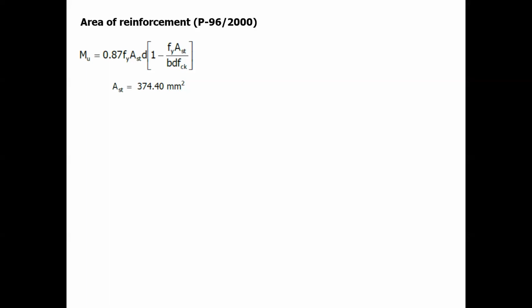For mild steel, the 250 grade. When it is 250, you use 0.15. Here it is 415, so you use 0.12% bd. Again, b is 1000 and d is 180.